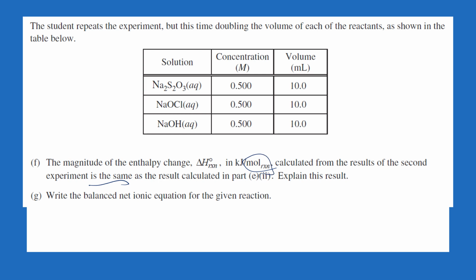So the Q, if you were to solve for Q, the Q would be much larger. But the moles of your reaction is also much larger. So because both of those are larger, you're going to have the same ratio, kilojoules per mole reaction, which is why you get the same value for the enthalpy change.